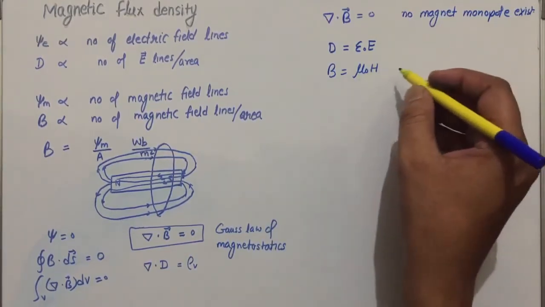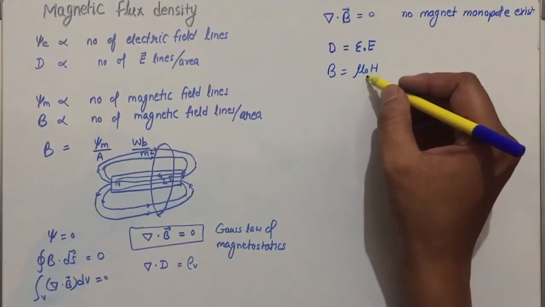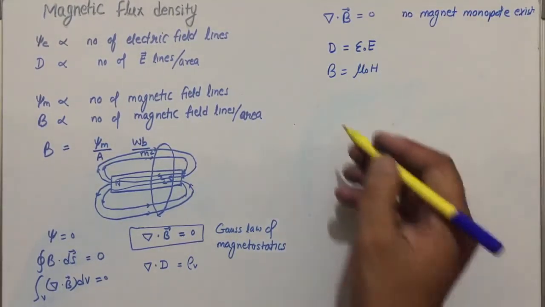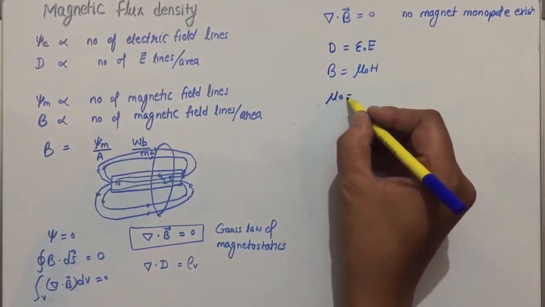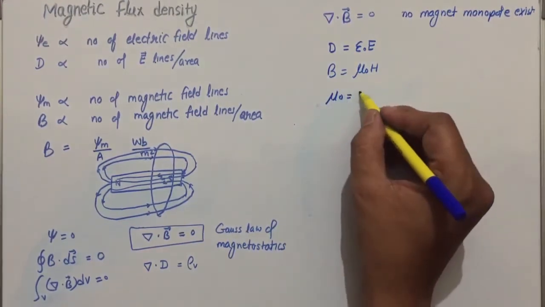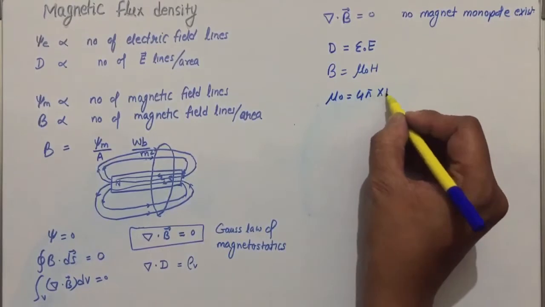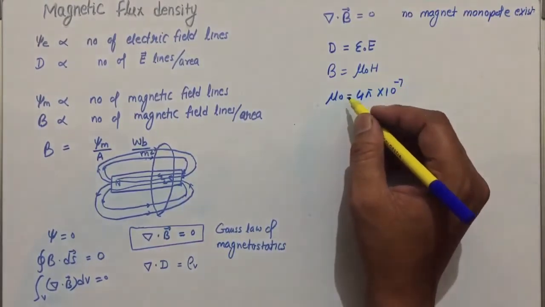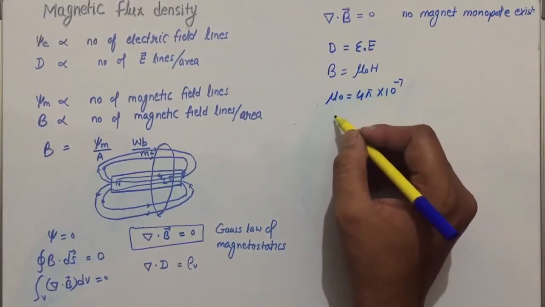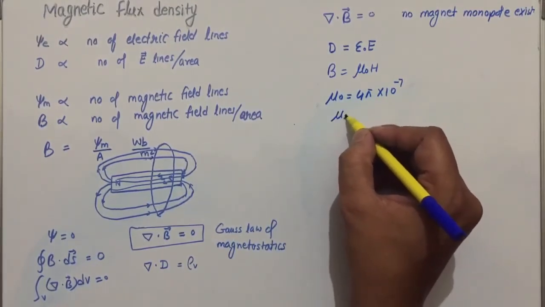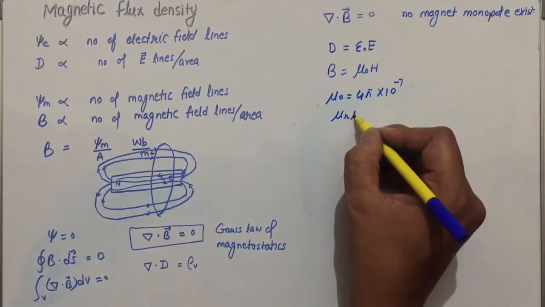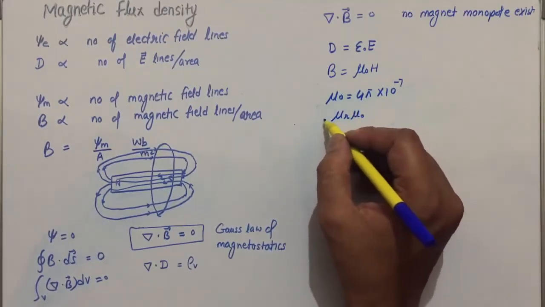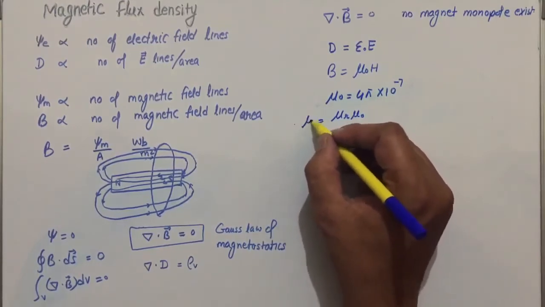So these are known as permeability and permittivity. The value of mu naught is 4 pi into 10 to the power minus 7 for free space, and for any medium it is written as mu r mu naught, which is written as mu.